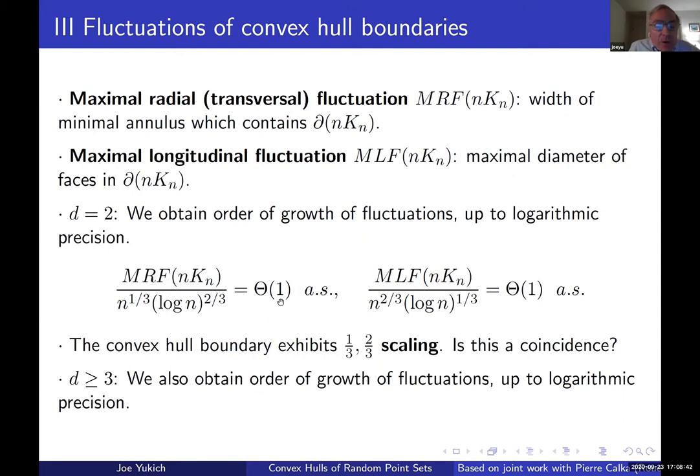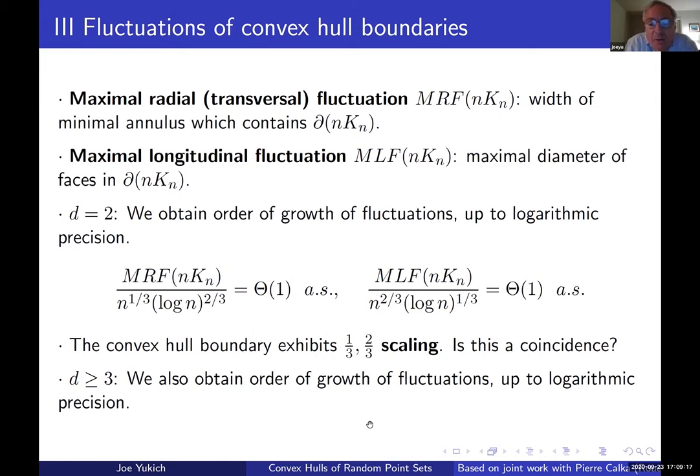This theta of 1 means that this quantity is upper and lower bounded by a positive finite constant, almost surely. And likewise, the maximal longitudinal fluctuation exhibits growth of n to the 2/3 with a log n to the 1/3 correction term. In other words, this convex hull boundary exhibits the 1/3, 2/3 scaling.